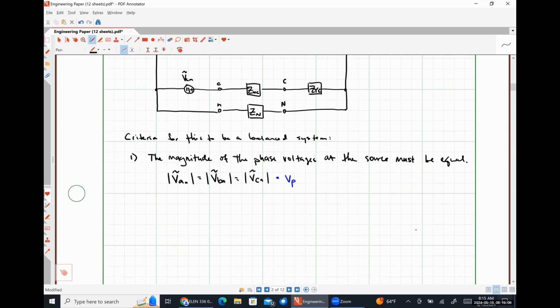That's the first criterion. The second criterion is that the phase voltages must have 120 degrees of phase separation.